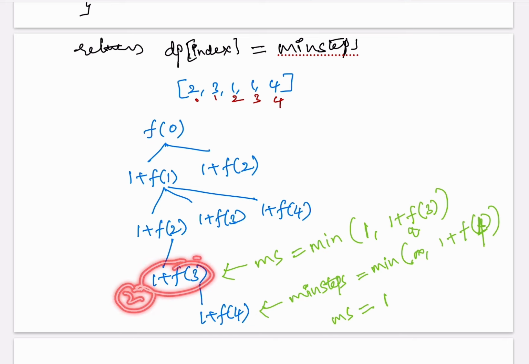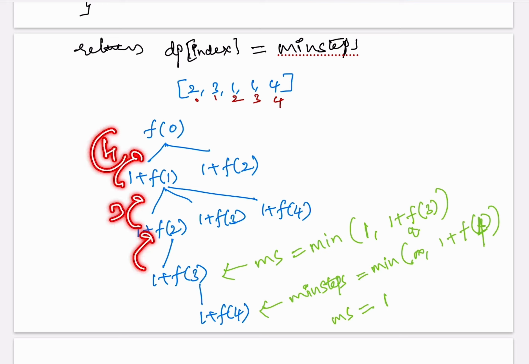When you give 3, this will give 4. And this is the one step, how it is going minimum, how it goes minimum.